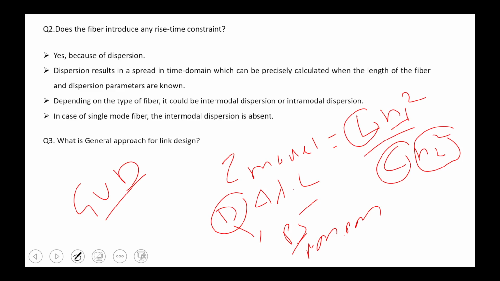Sir, if I calculate that, yes, can you explain the case study in the link design topic? Which case study? There are three case studies. Which one do you want?